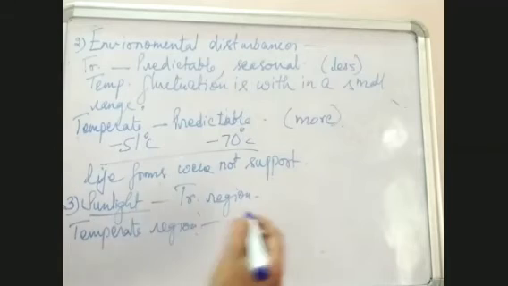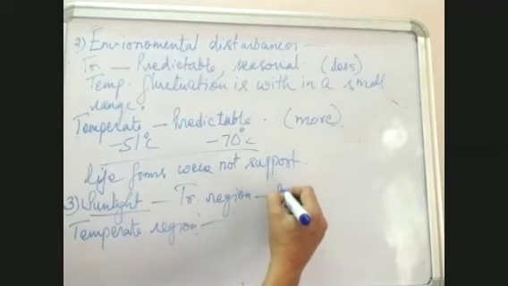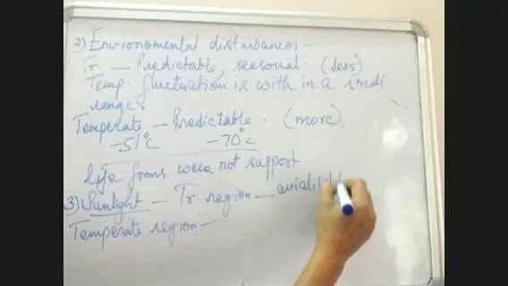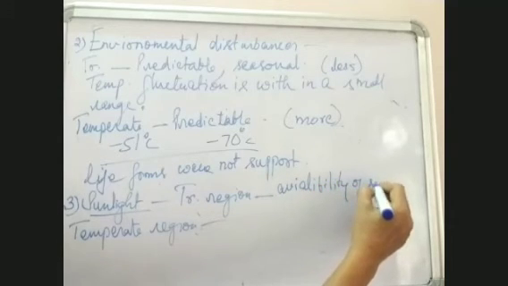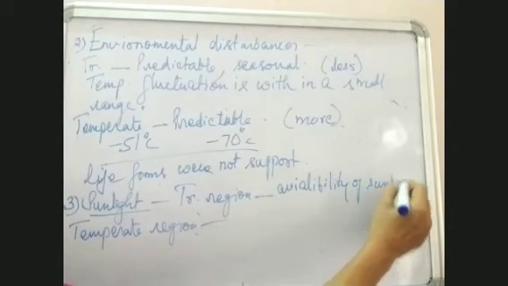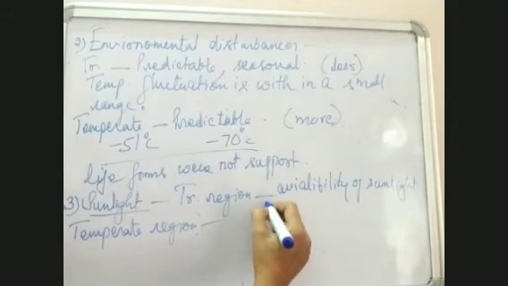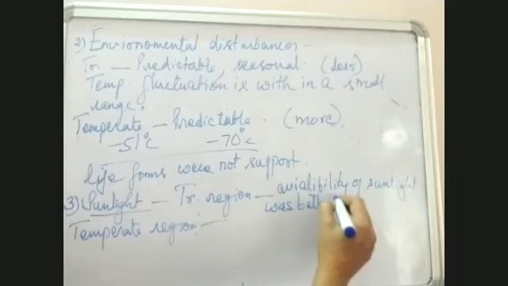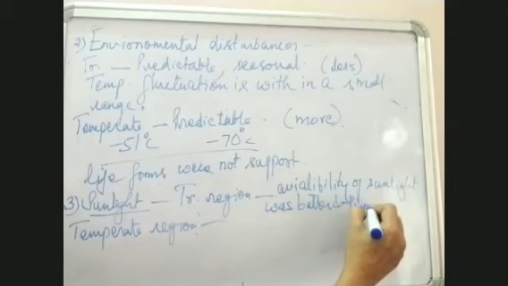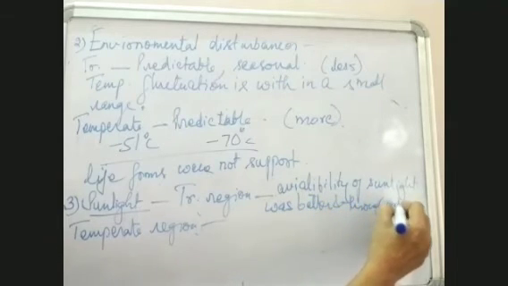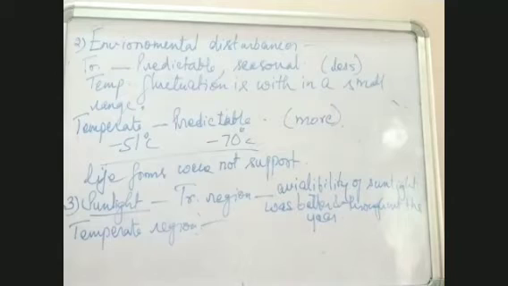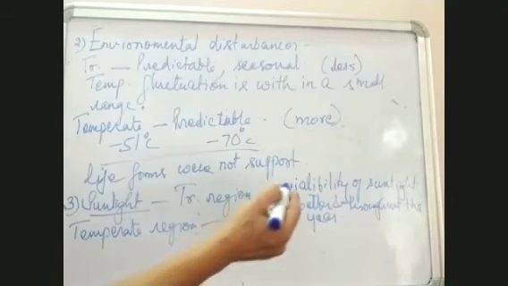Availability of sunlight was better here, and throughout the year. So this again supported the life forms, and we find species richness, but it was not here.